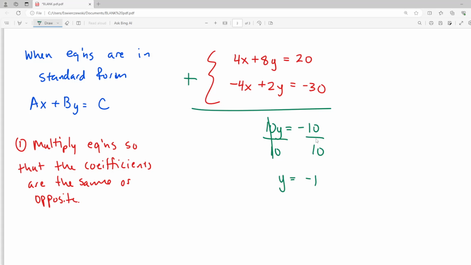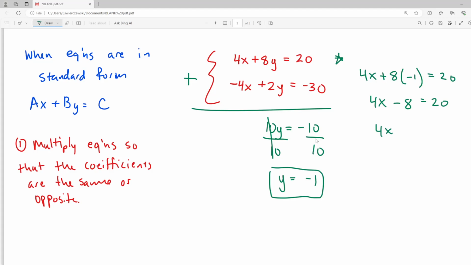Once you solve one variable, it's very similar to when we did substitution. You take that value and plug it into any equation. I like this one because it's all positive things. So 4x plus 8 times y, but I know what y is, it's negative 1, equals 20. 4x plus negative 8, so 4x minus 8 equals 20.